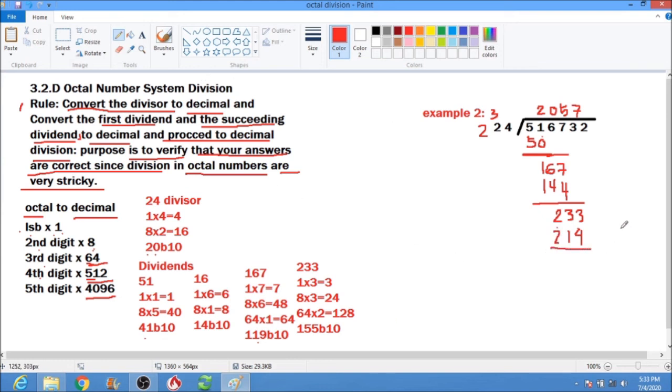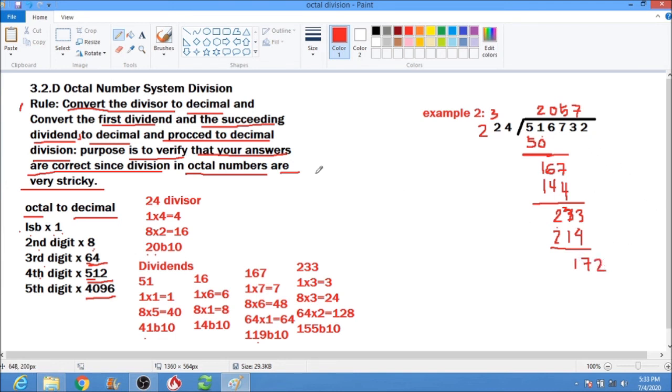So we have 3 minus 4 cannot be, so borrow 1 from 3, so 3 will become 2. Okay? So 3 plus 8 is 11, minus 4 is 7. And we have 2 minus 1 will become 1. Okay? So then bring down 2.